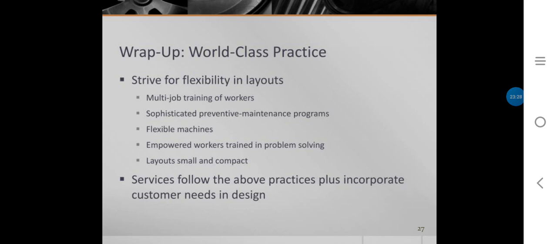Strive for flexibility in layout, multi-job training of workers, sophisticated preventive maintenance programs, flexible machines, empowered workers trained in problem solving, and small, compact layouts. Services follow the above practices plus incorporate customer needs in design. Based on multi-job training, flexible machines, and small, compact layouts, services can also enhance quality in their facility layouts.